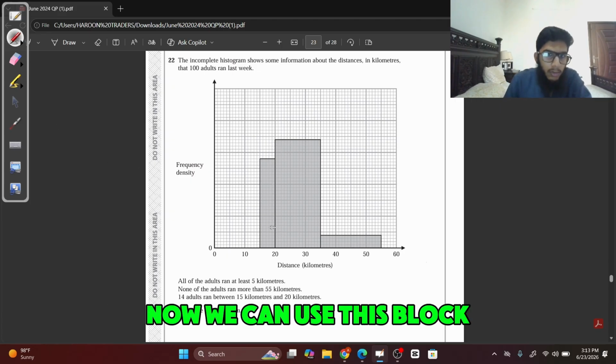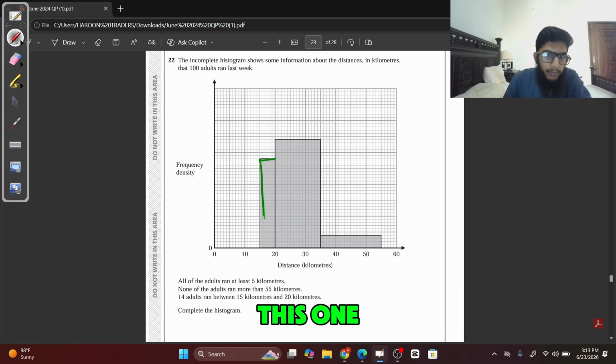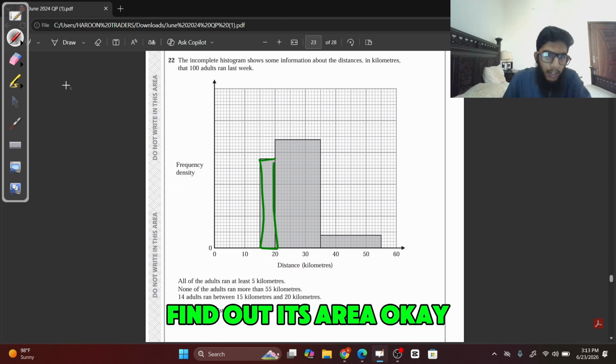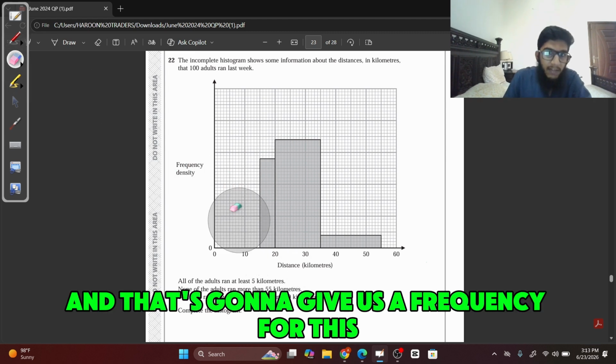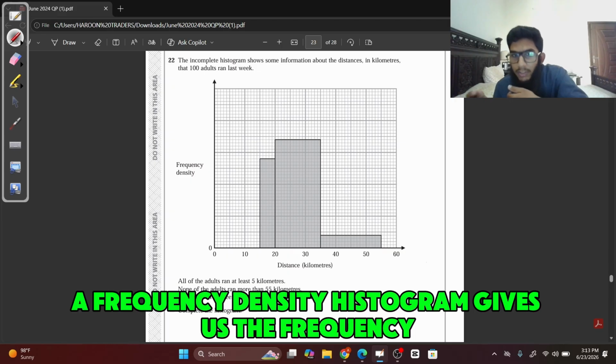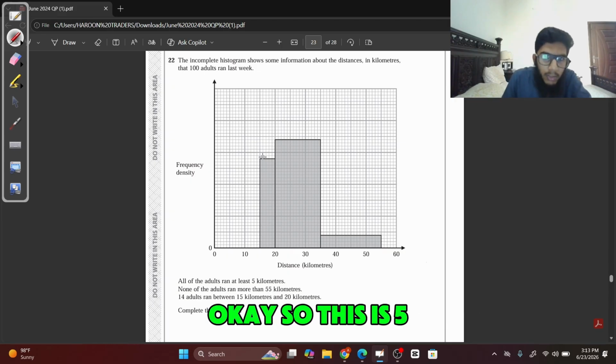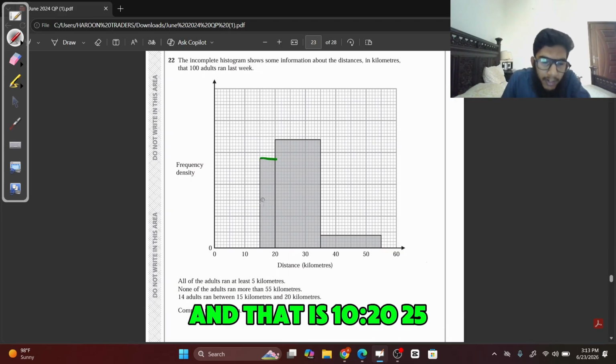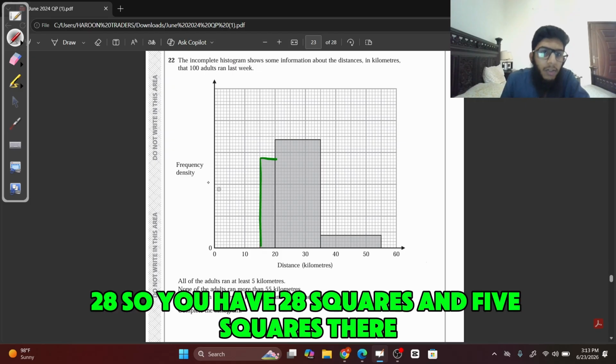Now, we can use this block, find out its area, and that's going to give us a frequency for this, because the area of a frequency density histogram gives us the frequency. So this is 5, and that is 10, 20, 25, 28. So you have 28 squares by 5 squares there.